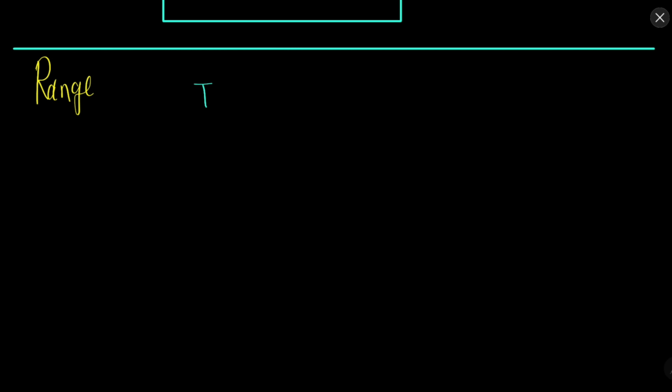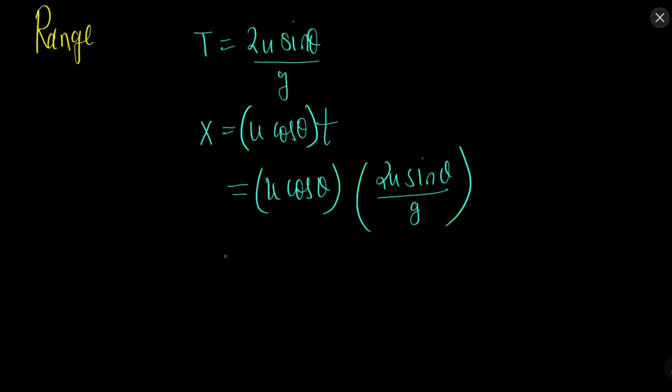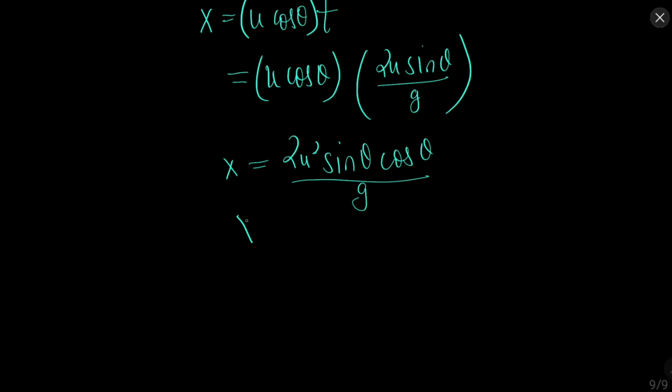We know that the time of flight is 2u sin theta by g, and we know that x is equal to u cos theta t, horizontal motion. So we can put the value of t, u cos theta and 2u sin theta by g. Ultimately x will be equal to 2u square sin theta cos theta by g, which is u square times 2 sin theta cos theta by g.